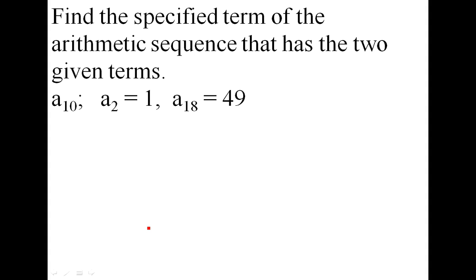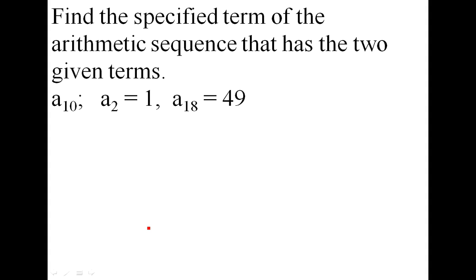All right. On this one, it says find the specified term of the arithmetic sequence that has 2 given terms. Suppose you're looking for the 10th term, and the second term is 1, and the 18th term is 49. There's lots of ways of doing this. I just put in the equation and solve it pretty quick. I don't like to waste time trying this, trying that.